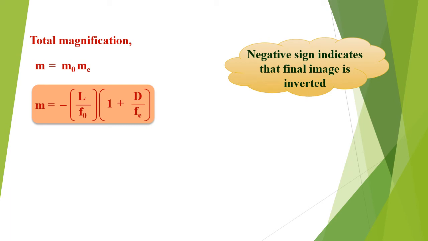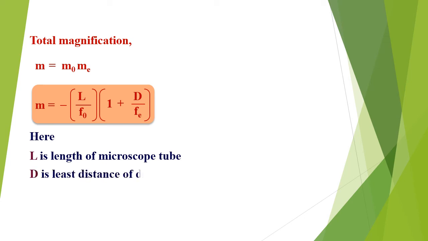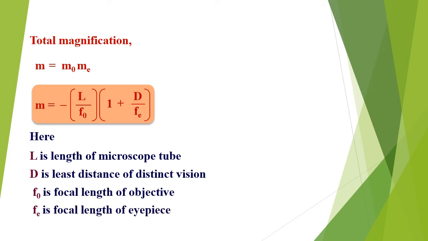The negative sign indicates that the final image is inverted. Here L is the length of the microscope tube, D is the least distance of distinct vision, F naught is the focal length of the objective, and Fe is the focal length of the eyepiece.